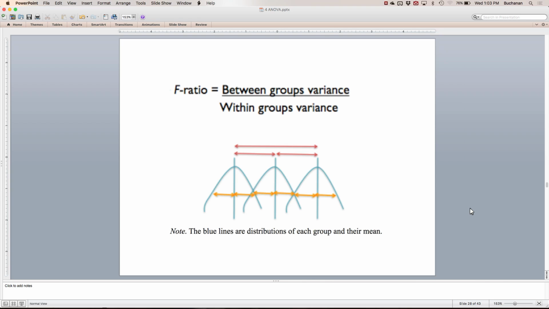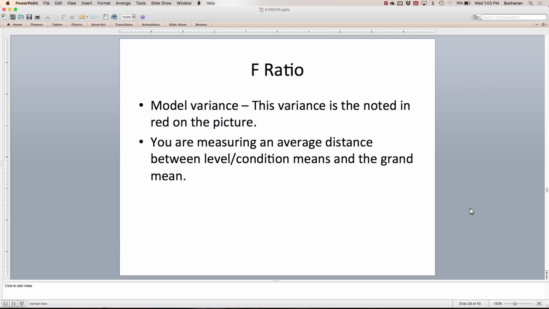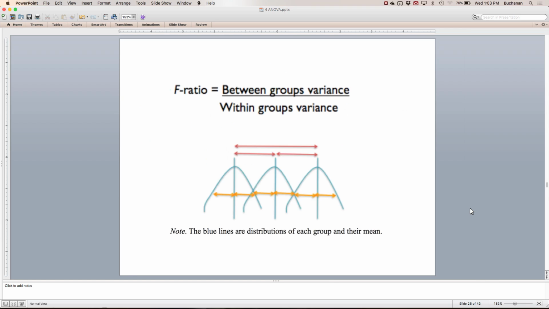Okay. So we're going to come back to this picture. Let me do the first one. Model variance is red on that picture, and it's the average distance between the levels or conditions and the grand mean. So I'm going to go back. Each little hump here is a group, and we want our groups to be far apart.